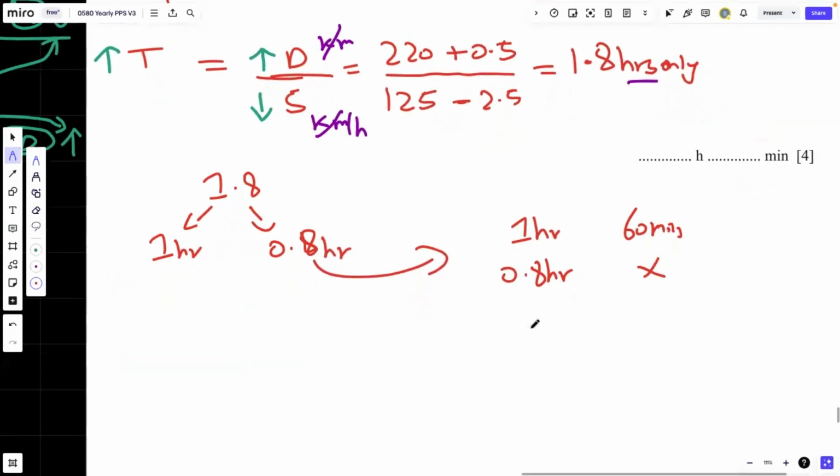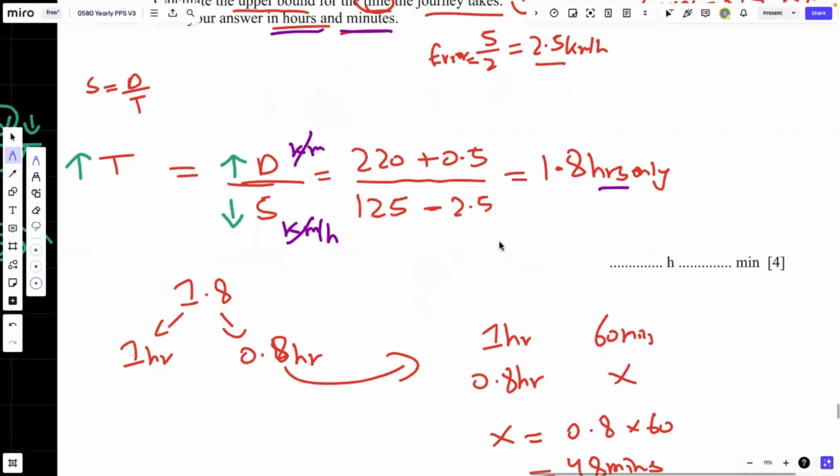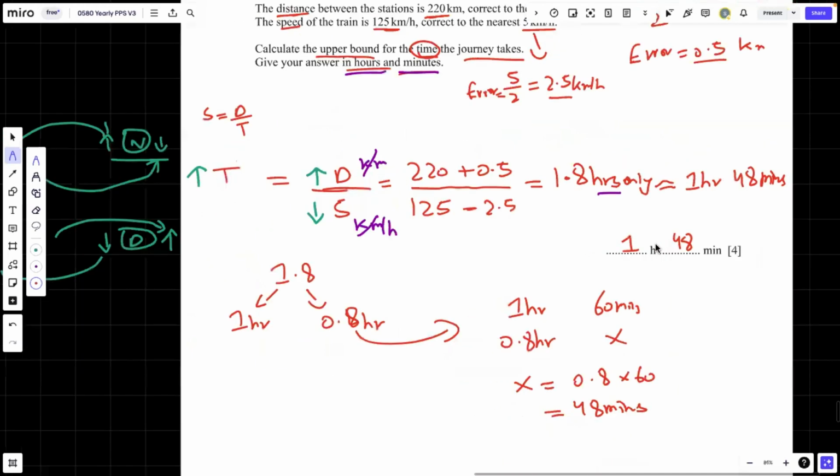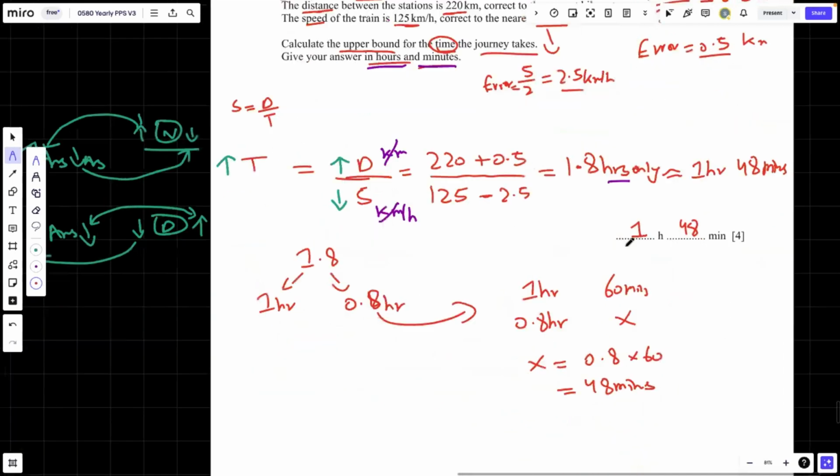So that's x, and the value for x would be just 0.8 times 60, which is going to be 48. So 0.8 hours in minutes is actually 48, which means, in other words, this is 1 hour and 48 minutes. So it's going to be 1 hour and 48 minutes. That's your answer in hours and minutes.